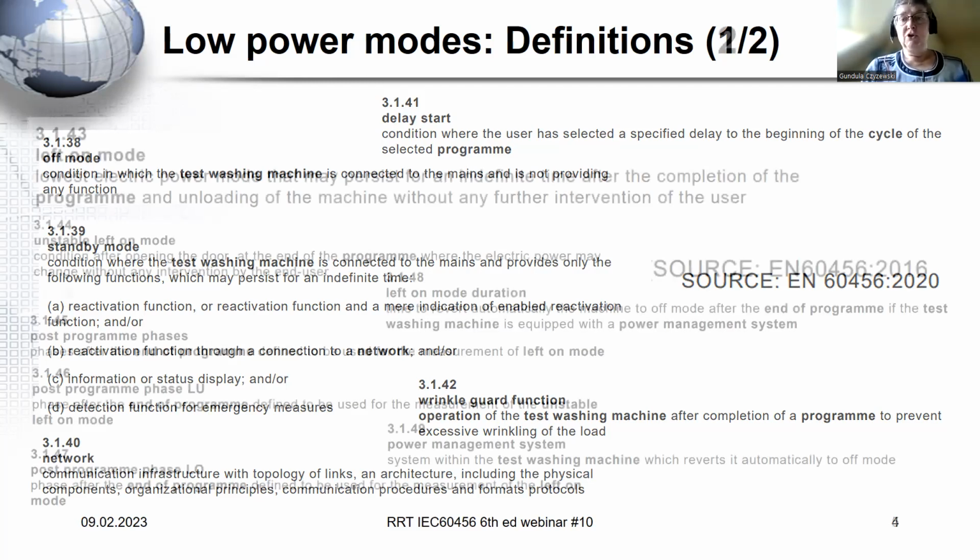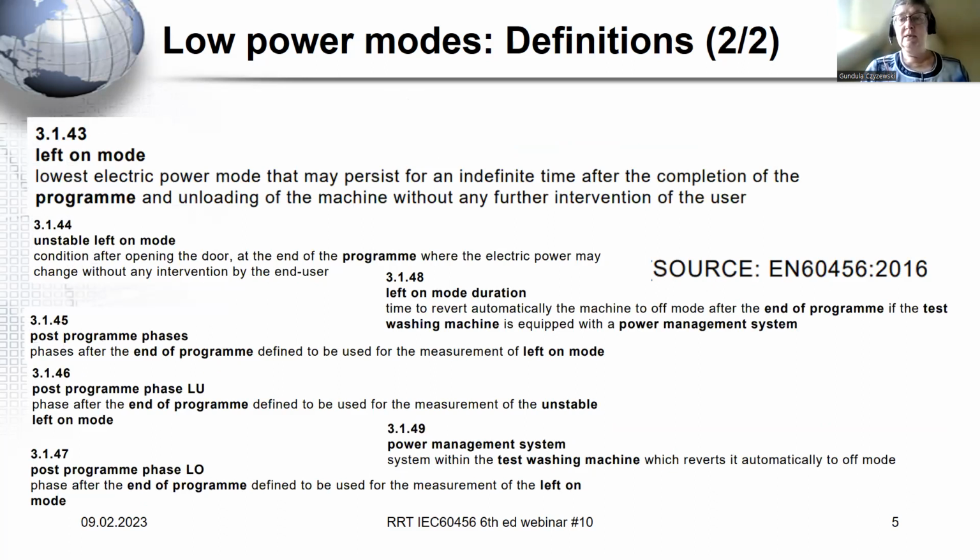The other definitions, there the source is actually the European standard from 2016. And the definitions now taken over from the European standard from 2016 started off with edition 5, where off mode and left on mode was already defined, but we are specifying a bit further the principles how to measure especially the left on mode.